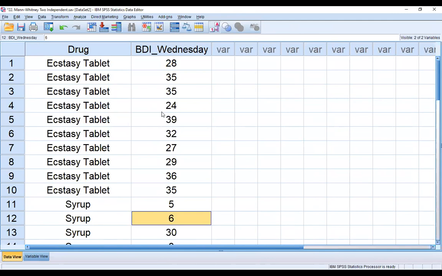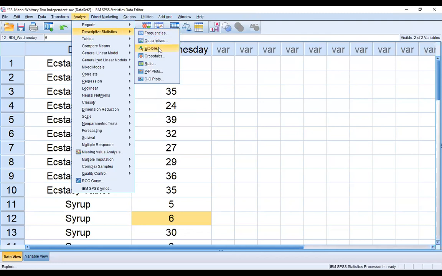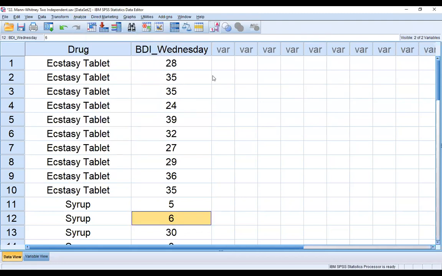The data is continuous, so we check the assumptions. I know the data is not normally distributed, but again, I can check the assumptions whether my data is normally distributed or homogeneous or not. Analyze, descriptive statistics, explore.